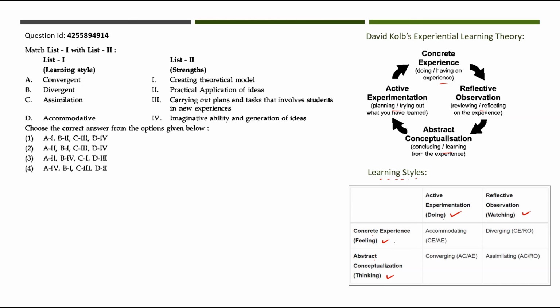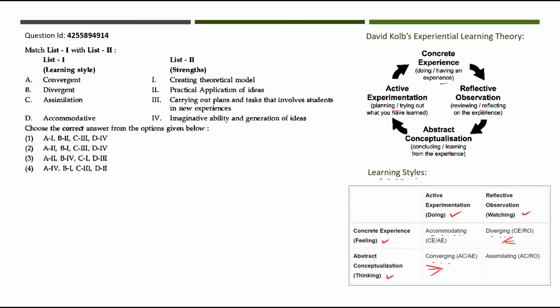When you feel and do, it is accommodating, which combines concrete experience and active experimentation. What about feeling and watching? It is diverging learning style. What about thinking and doing? It is converging. Here you are feeling something and watching many things. You are actually diverging. And here you are thinking a lot of things and doing one thing. It is converging. When it is thinking and watching, it is assimilating.